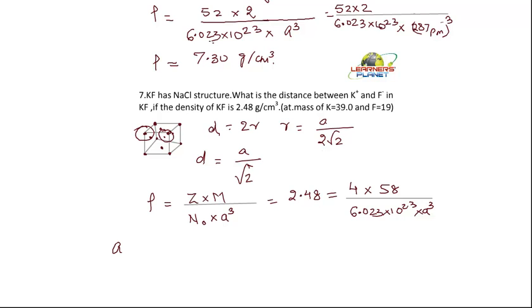Now can we find out a? a cube is equal to 4 into 58 divided by 6.023 into 10 to the power 23 into rho, that is 2.48.